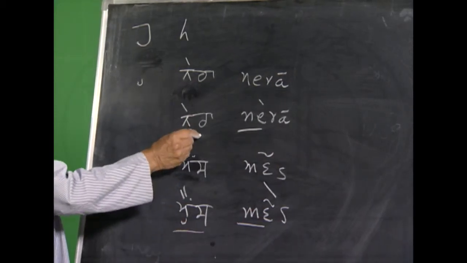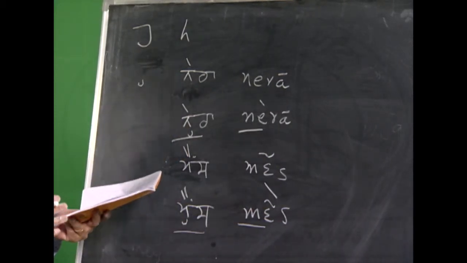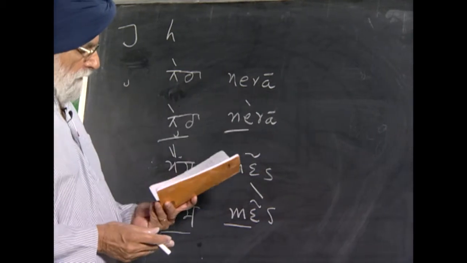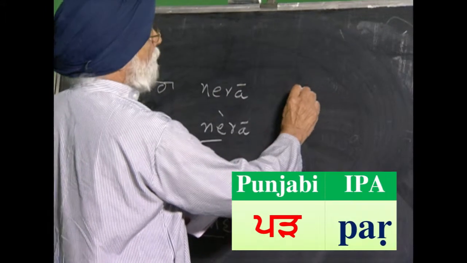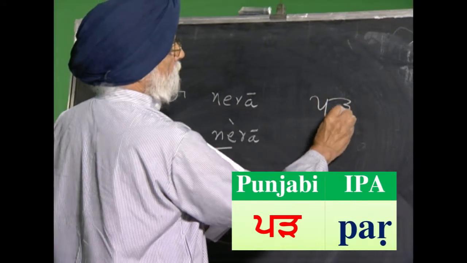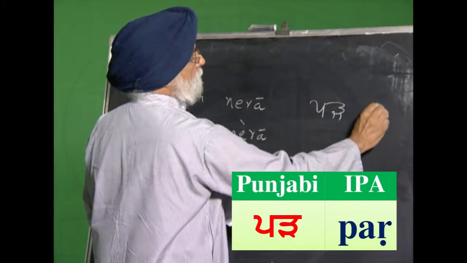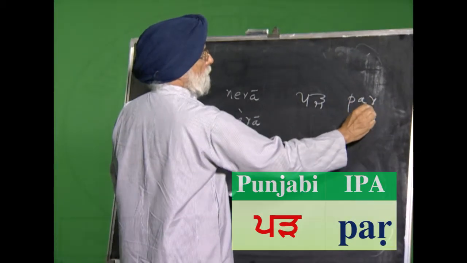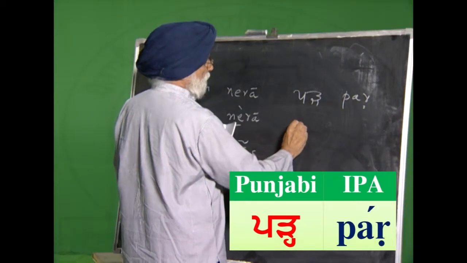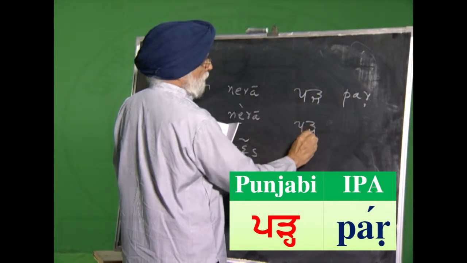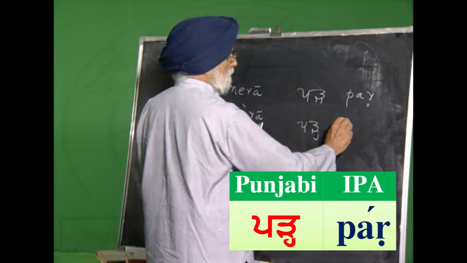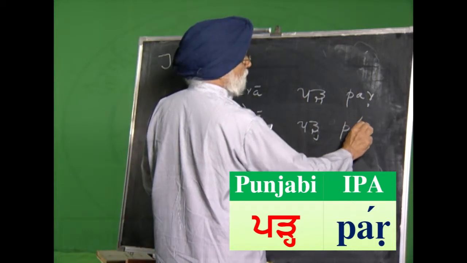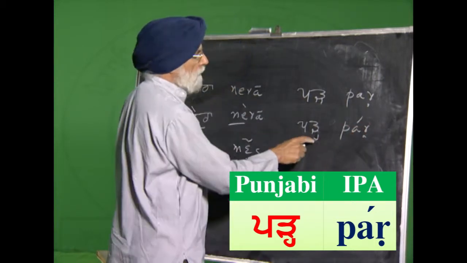You see here and here. Now, if the consonant is afterwards, for example in a word like this, pad, but with the little ha here, then it will become pad with a high tone.